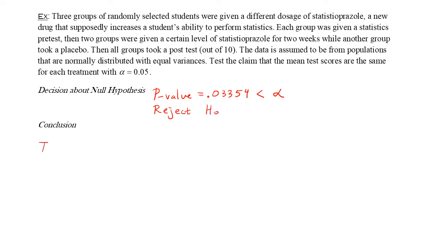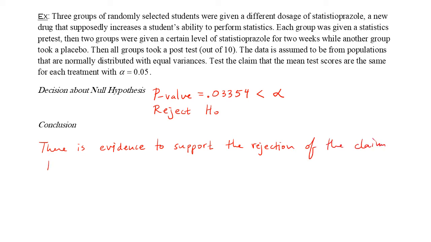And so in this case, there's evidence to support the rejection of our null hypothesis that the 3 means of each of the populations were the same.